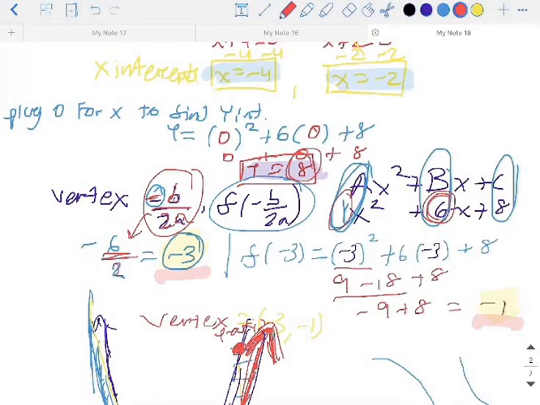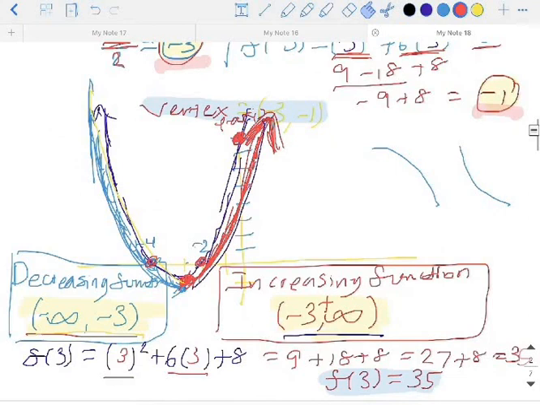Then we plug negative 3 back into the polynomial, x squared plus 6x plus 8, to give you the result, which we calculated to be negative 1. So that's why the vertex needs to be stated as an xy ordered pair. Negative 3, negative 1 is the lowest point of the parabola, which makes sense for it to be in the middle of negative 2 and negative 4.